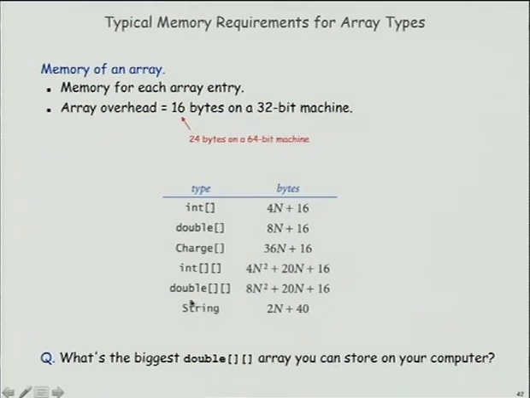And for the string, I encourage you to read the complete section in the textbook on how you would store a string object. But it should be clear how to get to this number as well. That's the number of bytes it's storing. So a question that you can try to answer now at this point is what's the biggest double array that I can store on my computer?